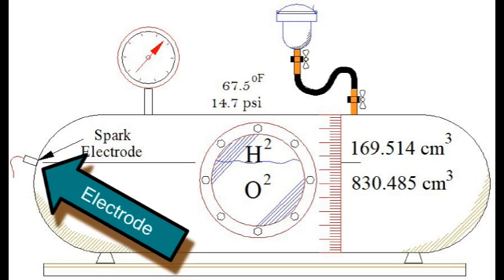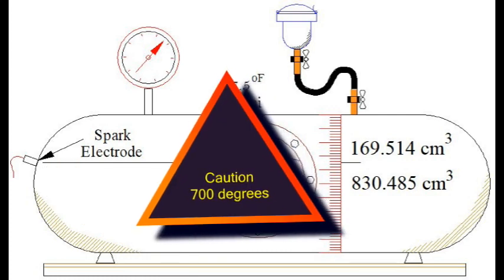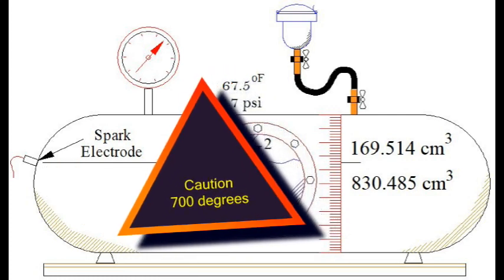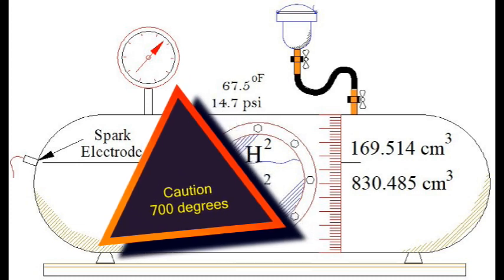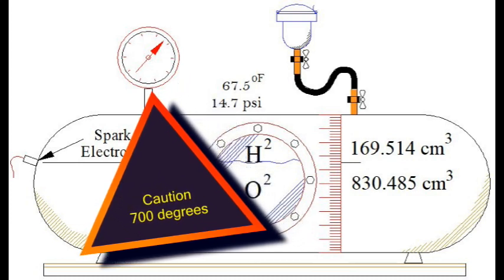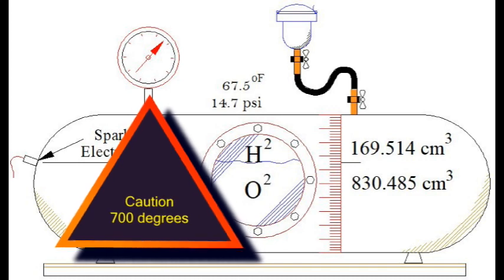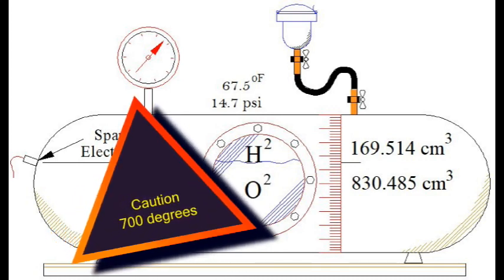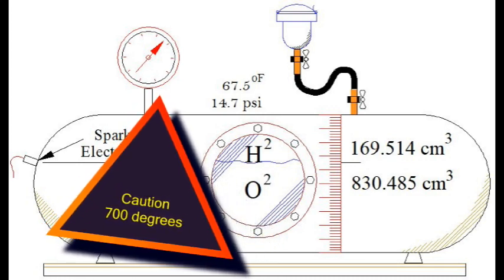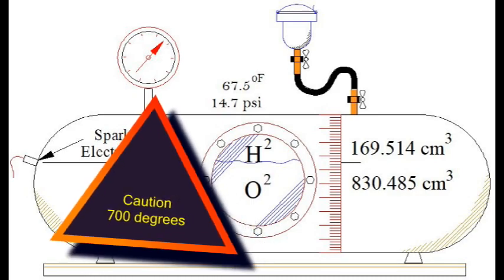The spontaneous ignition point of hydrogen is 700 degrees Fahrenheit. It seems hard to believe, but true. We could raise our chamber all the way up to near 700 degrees Fahrenheit and nothing would happen. With spontaneous ignition, the pressure is sufficient to break the atoms.